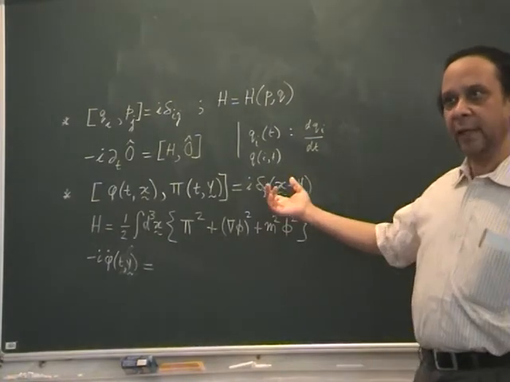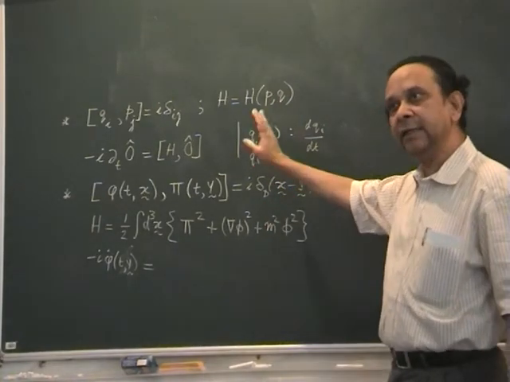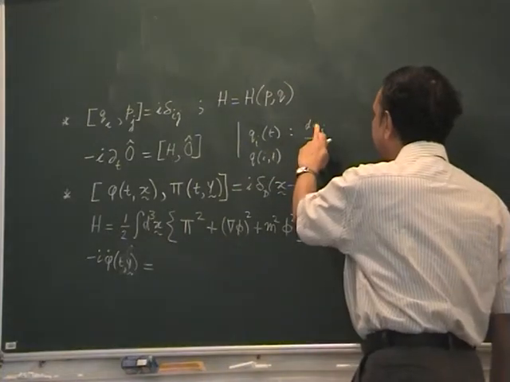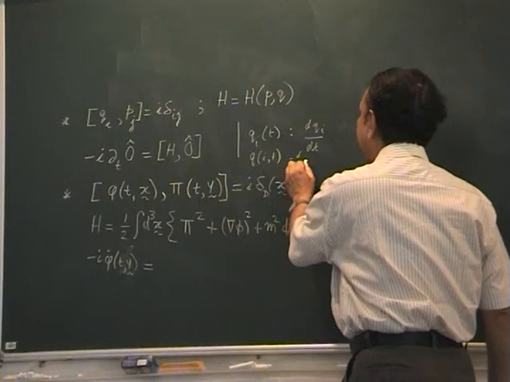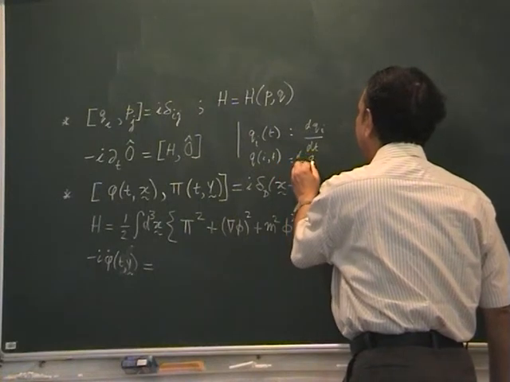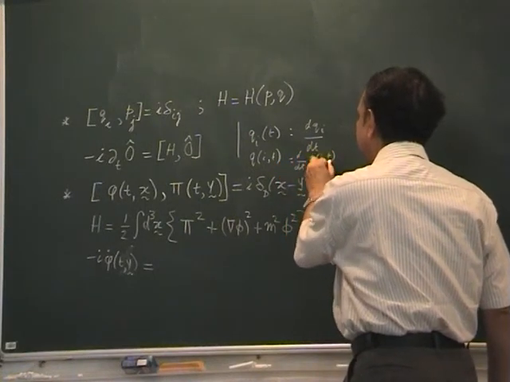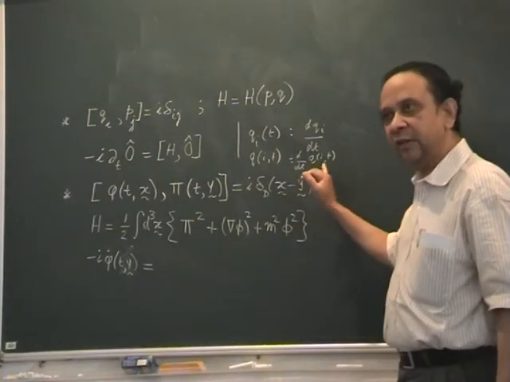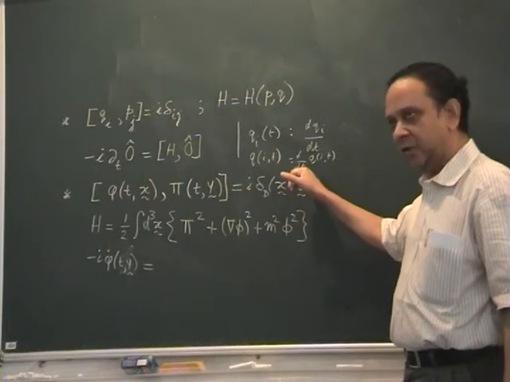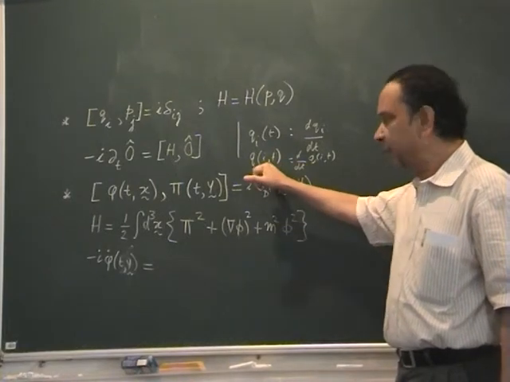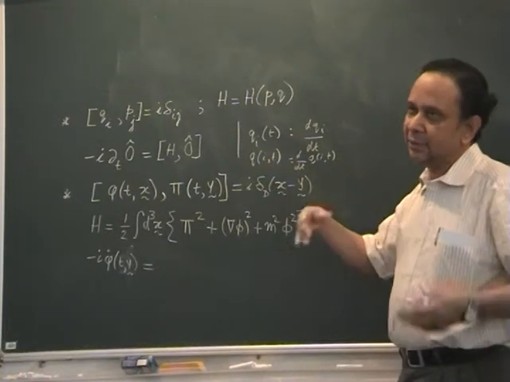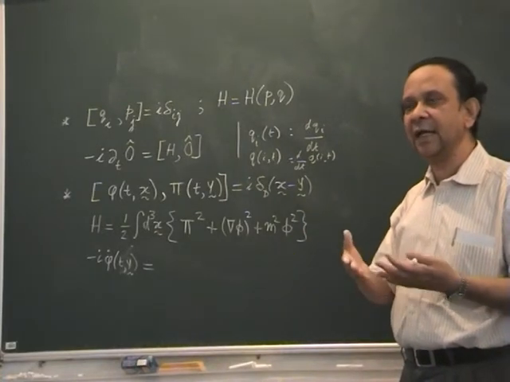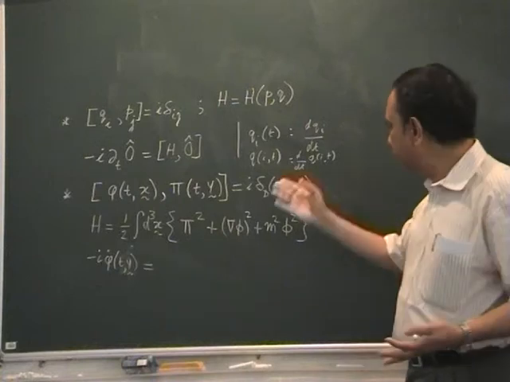I can certainly do that because i is 1, 2, 3, 33, and whichever one I am choosing, it depends on t. Now should I write d by dt of q(i, t), or should I write partial? If i is 1, 2, 3, 4, 33, then I will use the total time derivative. But if i happens to be x, y, z, it is just notational convenience: since we think of fields and things like that as dependent on x, y, z and t, you use a partial.